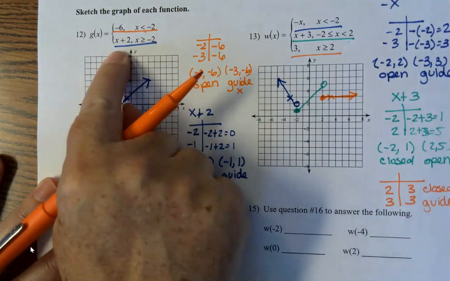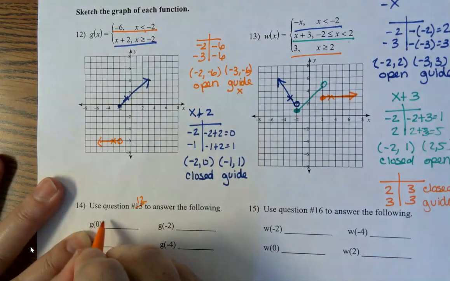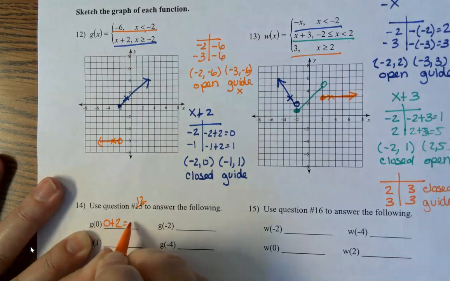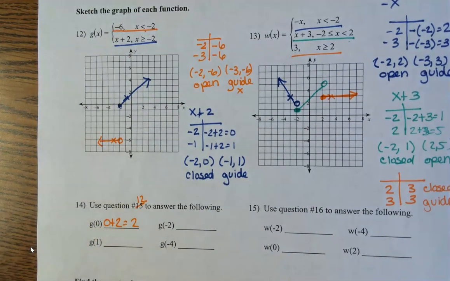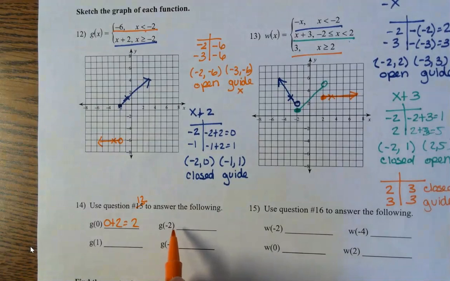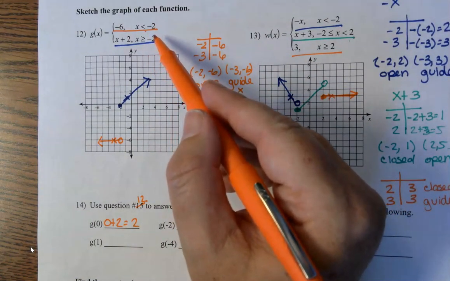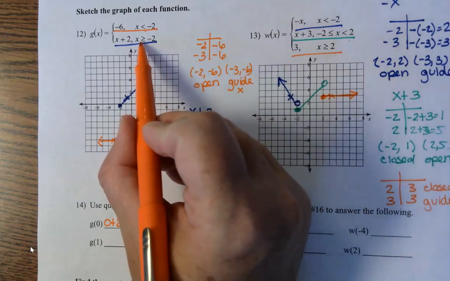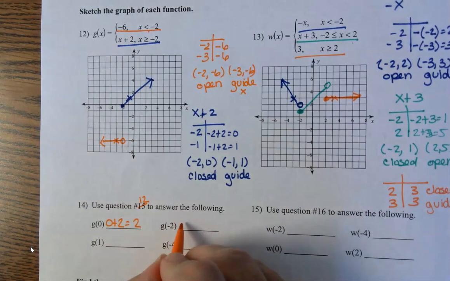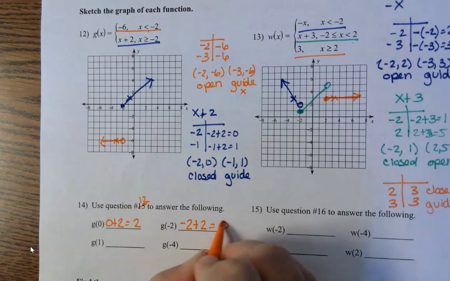It is bigger than negative 2. So I'm going to use this equation. So this will be 0 plus 2, which is 2. Negative 2. So notice these two are negative 2's. I need the one with the equal to bar. So this one has the equal to bar, second one. So that's where I'm going to plug it. So negative 2 plus 2 is 0.